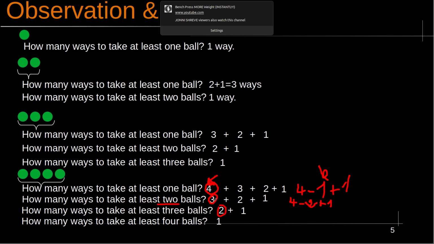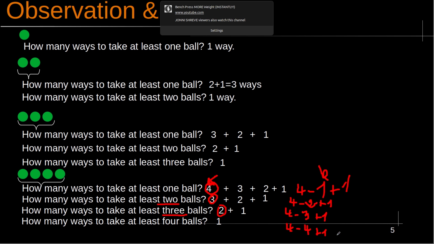For 3 balls, 4 minus 3 plus 1. For at least 4 balls, we have 1 way, so it will be 4 minus the number of balls we want to take, 4, plus 1, so it will be 1.